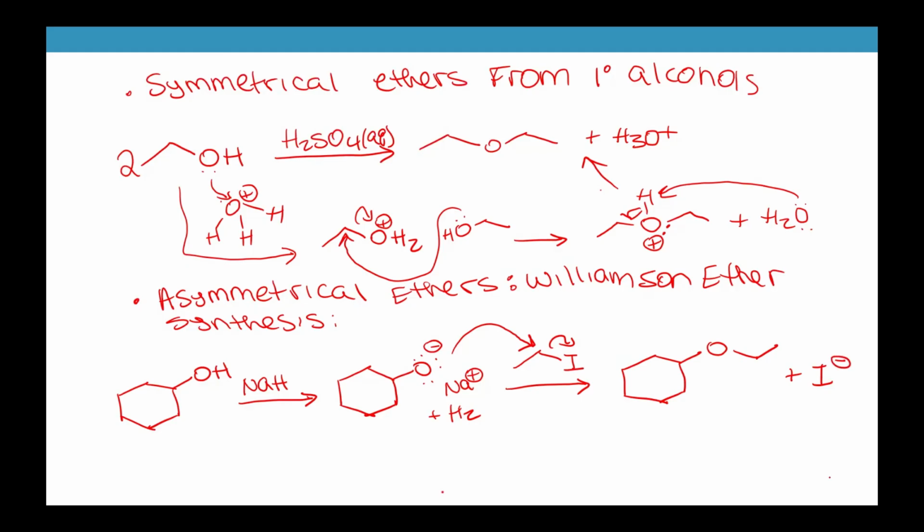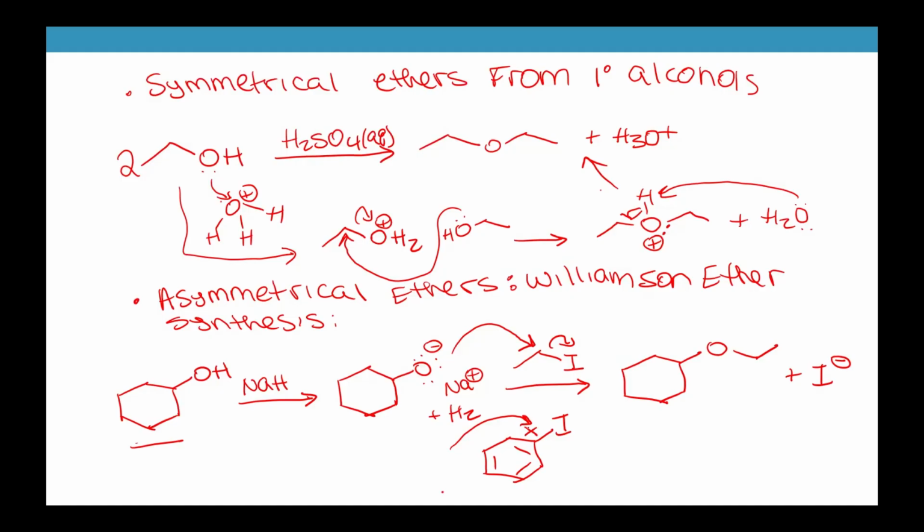Now we have to choose carefully which is the alcohol and which is the alkyl halide, because we need this SN2 to work out well. So we wouldn't be able to use, for example, a phenyl iodide, since an SN2 cannot occur there.